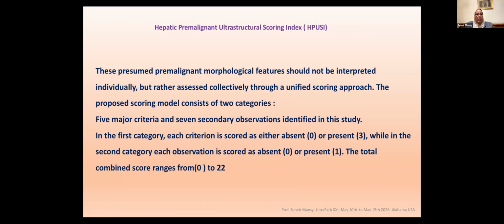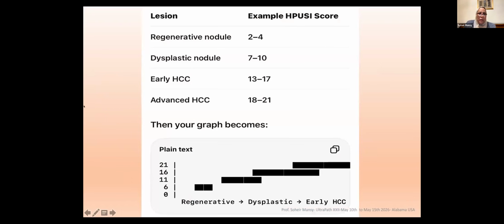In the first category, each criterion is scored as either 0 or, if present, 3, while in the second category, each observation is scored as absent or present, with a value of 1. The total combined score ranges from 0 to 22, and it can be visualized as a graph.